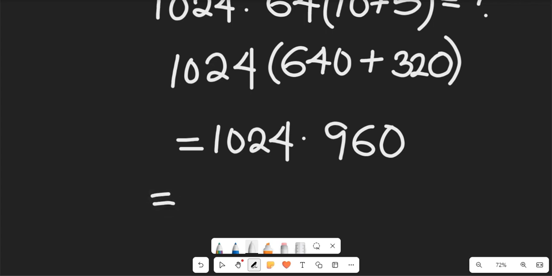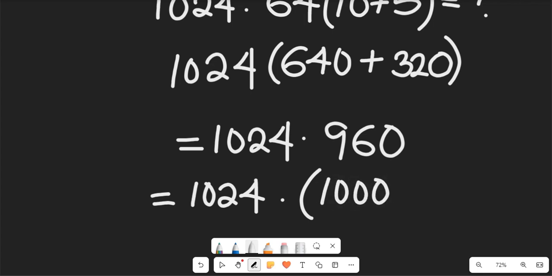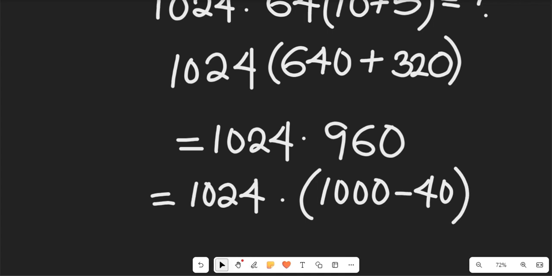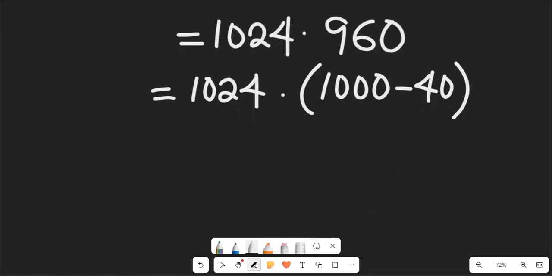Now to simply multiply these two expressions, I can expand it in way of multiplying, or you can multiply it straight, but it's going to be a long multiplication. This will give me 1024 multiply, let me take 1000 minus 40 will give me 960, right? So if I simplify this times this, I'll just simply add the zeros.